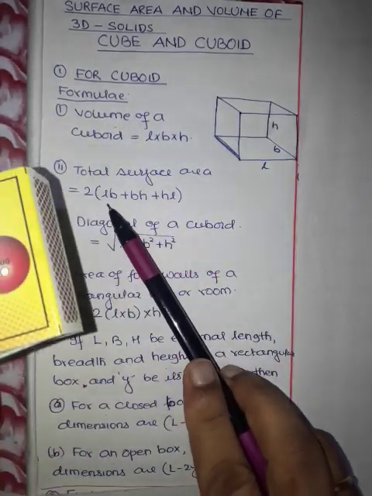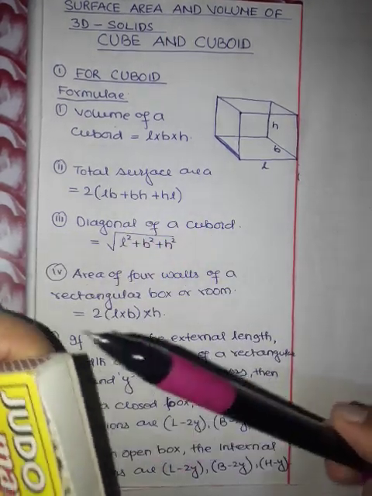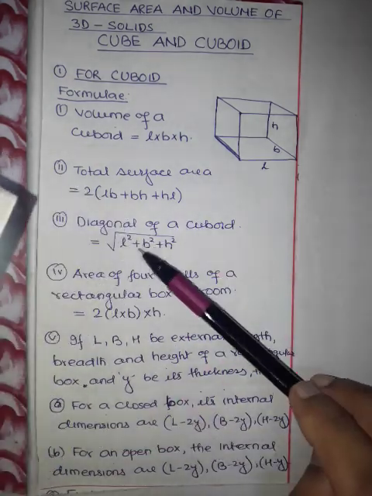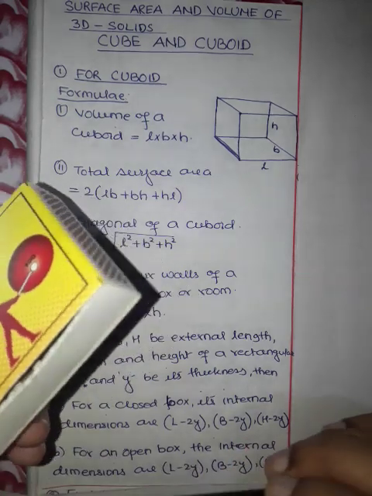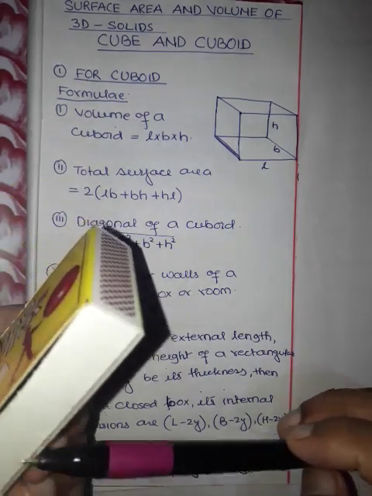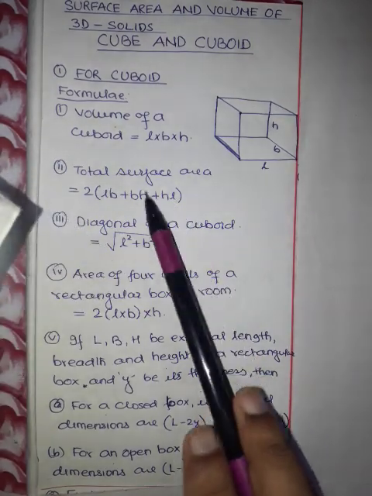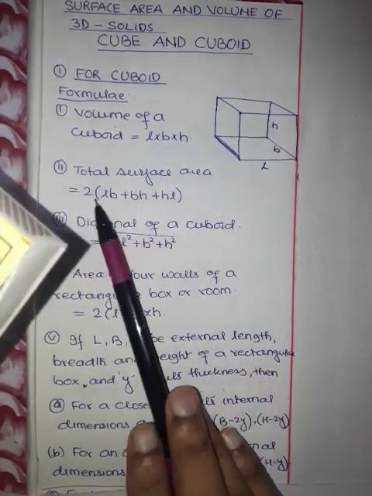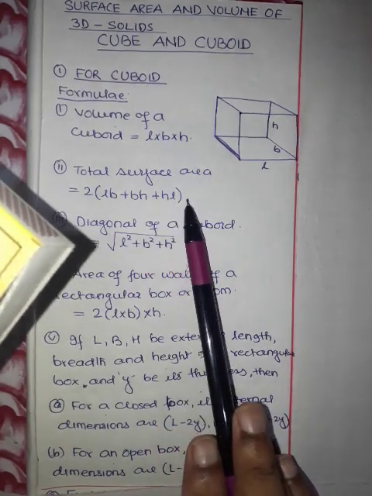So twice length into breadth, twice breadth into height, and twice length and height, taking this as length and height. So the total surface area will be twice within bracket length into breadth plus breadth into height plus height into length.